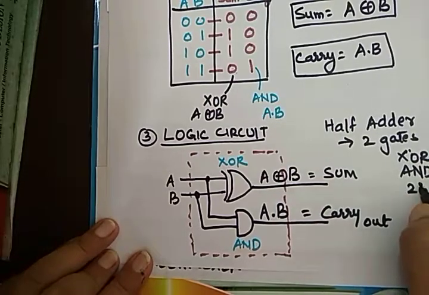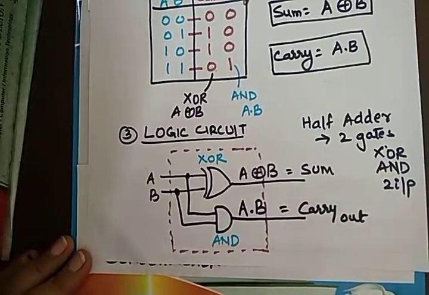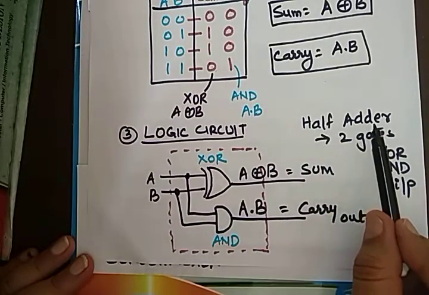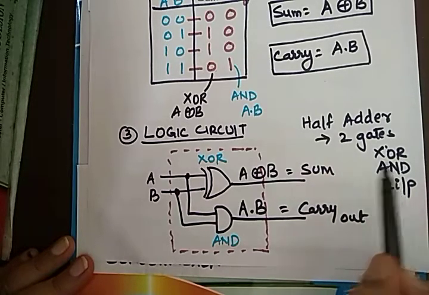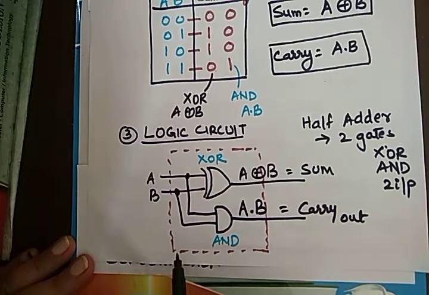Both these gates are two input gates. So the half adder is a combination of two gates, one XOR and one AND, which builds the half adder circuit. The next circuit we will go on to see will be the full adder.